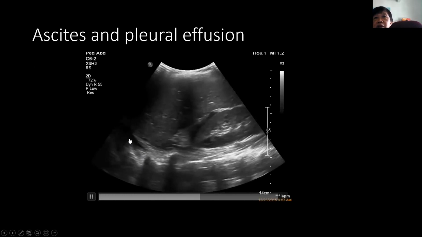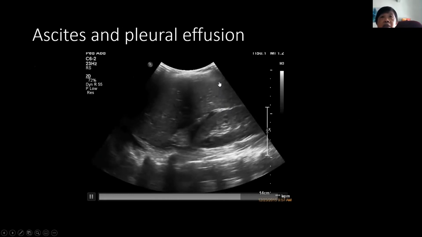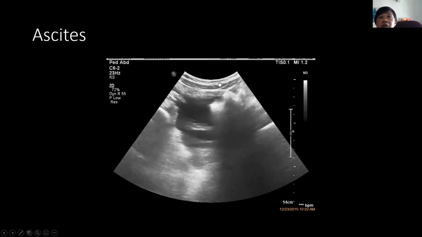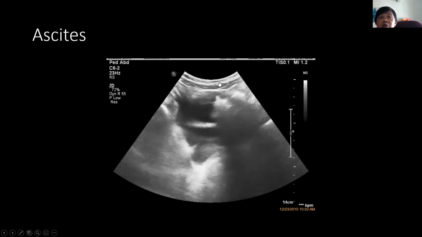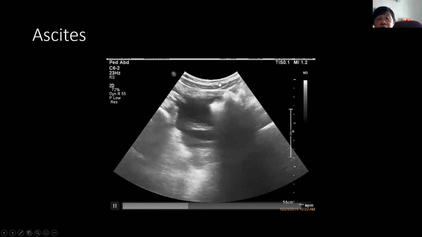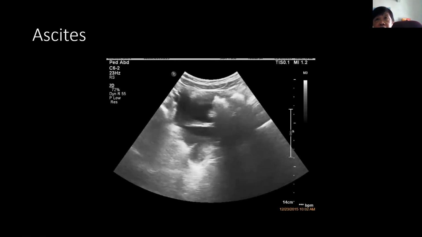And there's some pleural fluid also. So there's ascites and pleural effusion.